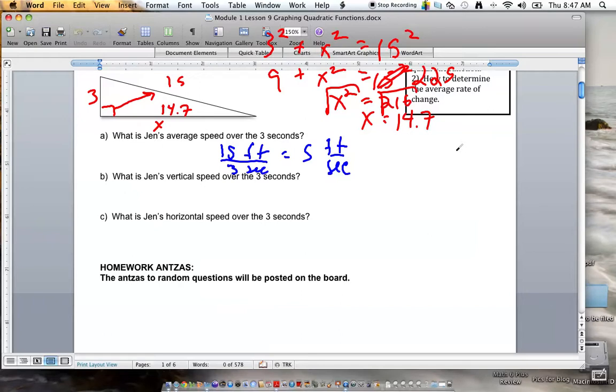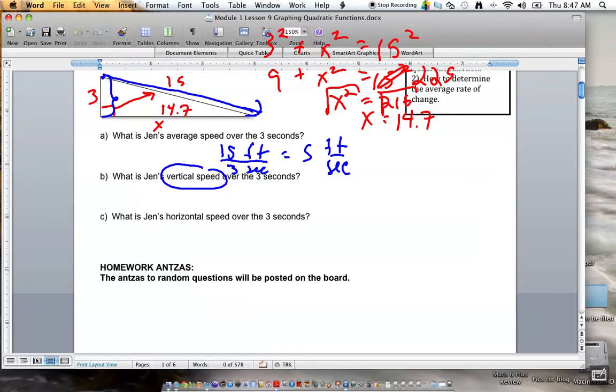Now, this speed, when you roll 5 feet per second from here, down the ramp, that speed is actually made up of 2 components. Some of it is a speed that goes vertically, and some of it is a horizontal speed. Okay? So, this next question talks about your vertical speed. Yes, you rolled a total of 15 feet, but how much did the height change?